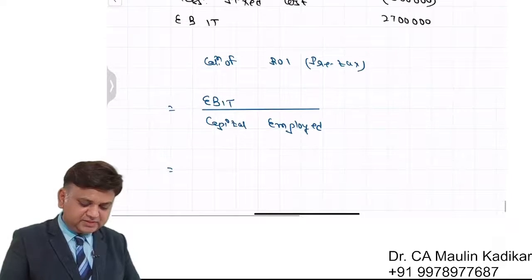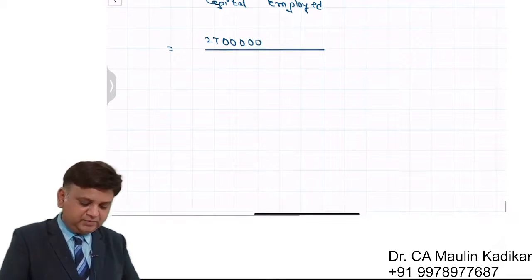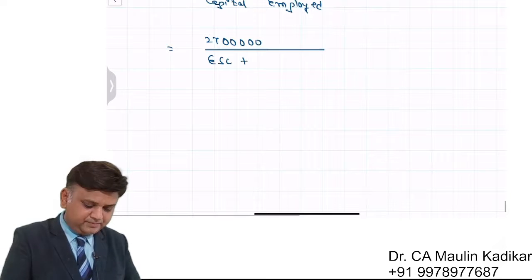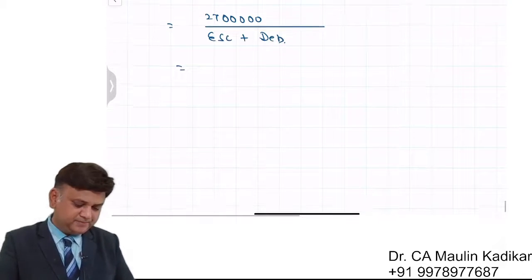Earning before interest and taxes is 27 lakhs. Divided by the capital employed, consisting of equity share capital plus debentures, because no other information is given to us.